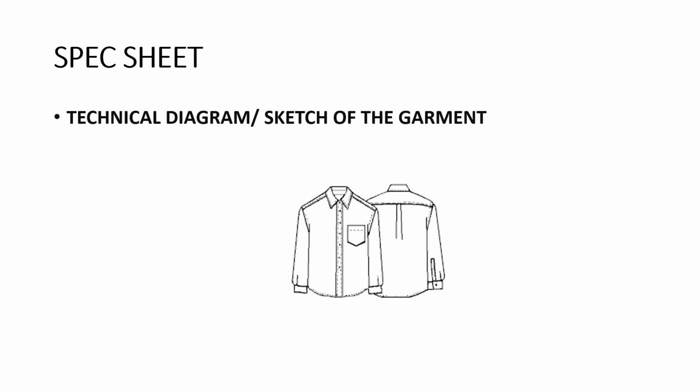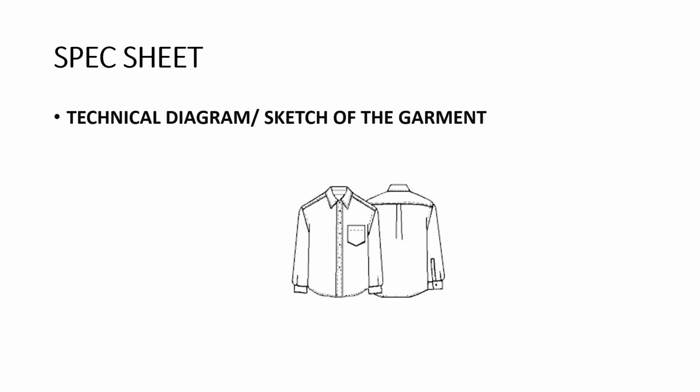Students, what do you mean by this image? This is also coming under the specification sheet. What does it contain? This is a technical diagram or the sketch of the garment. So that must be there in the specification sheet in the form of some computer generated software.